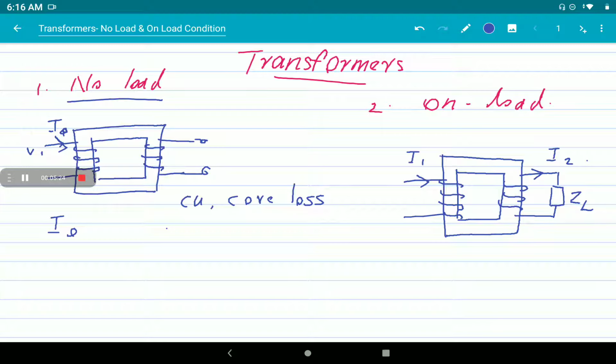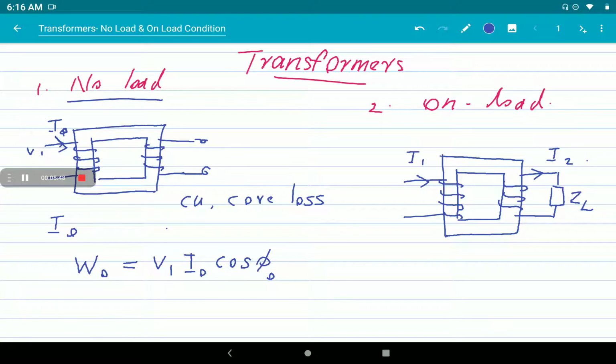What will be the primary input power W0? At no load condition, the input power of the transformer is the input voltage times the no load current times cos phi 0, that is, W0 = V1 I0 cos phi 0. Here cos phi 0 is the no load power factor.